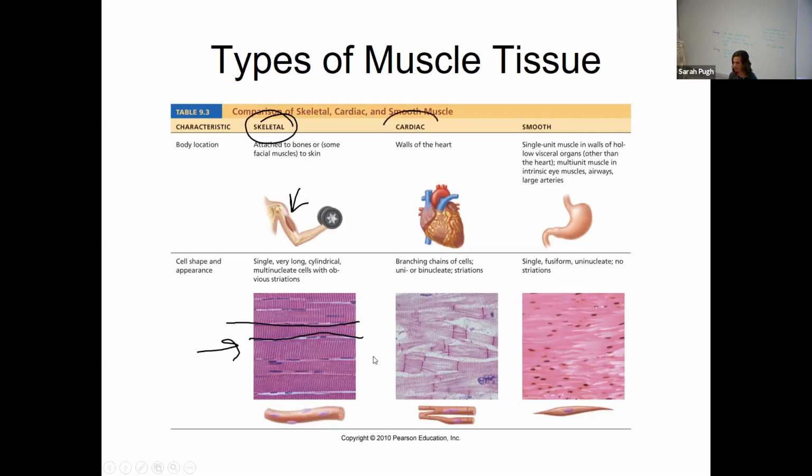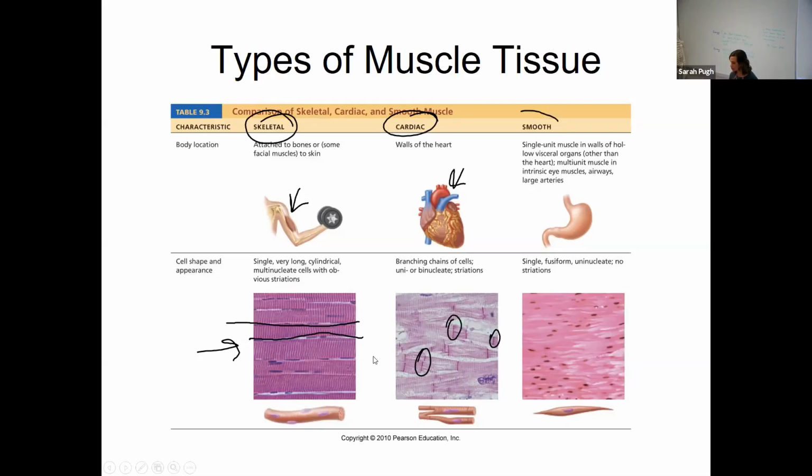We can see in the middle is our cardiac muscle found in the heart. Now, again, this one should be pretty easy to identify, right? We've got these intercalated discs. Those are going to allow the heart muscle cells to contract, get shorter in unison. They're also going to prevent the cells from tearing apart from each other. It holds the cells and anchors them together.